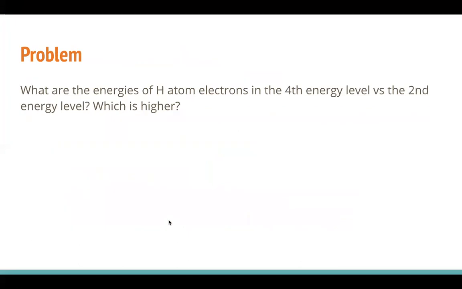Okay, so this is just a problem to bring home Bohr's equation. What are the energies of hydrogen atom electrons in the fourth energy level versus the second energy level, and which one is higher? You should be able to answer the second part of the question based on conceptual information.